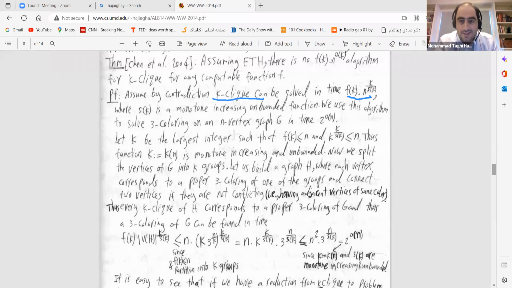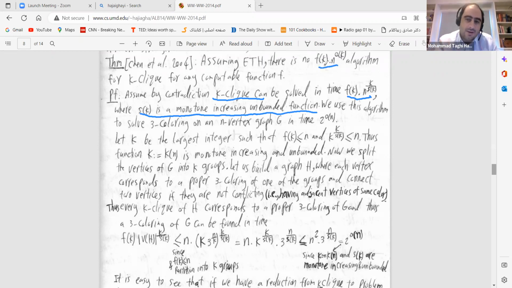If it is little o of k, what is the meaning of that? It means n to the k over s of k, because it is little o of k. So s of k should be some function of k which is essentially greater than 1, and here s of k should be a monotone increasing unbounded function. That's essentially the interpretation of this statement.